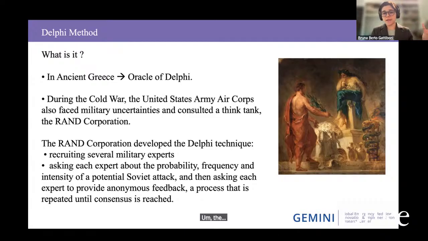In ancient Greece, when the kings or the generals didn't know what to do in the war, they would go to the oracle of Delphi and ask questions, trying to get advice on how to make the best of their lives.